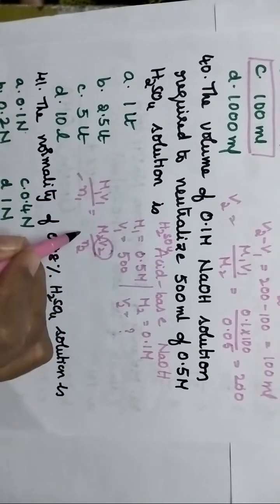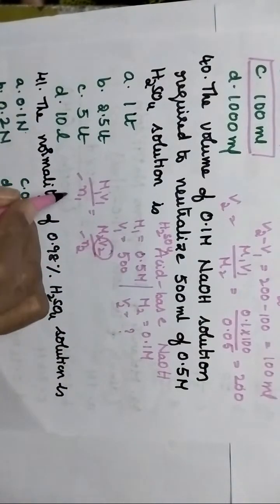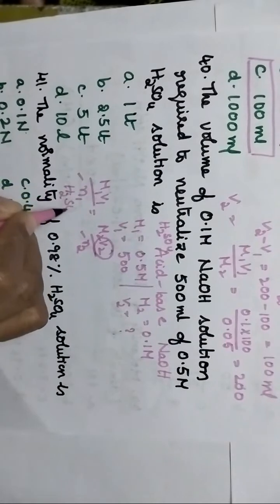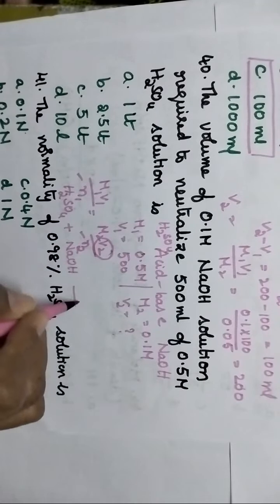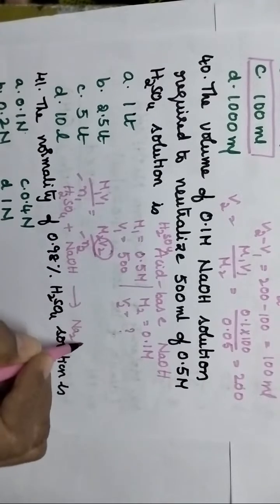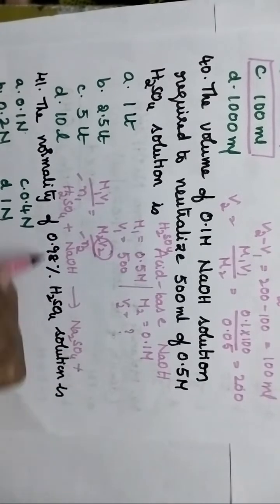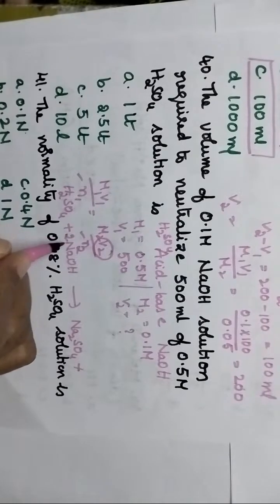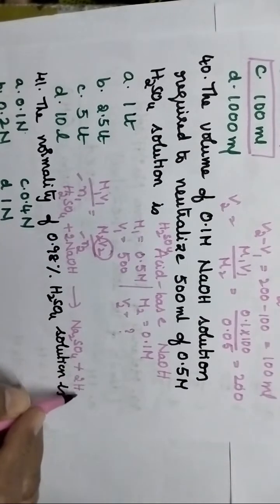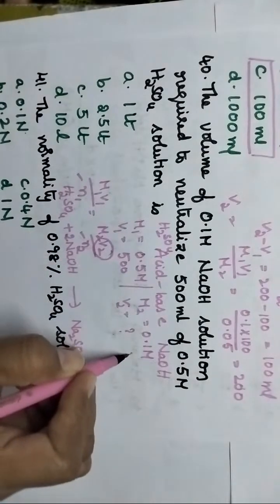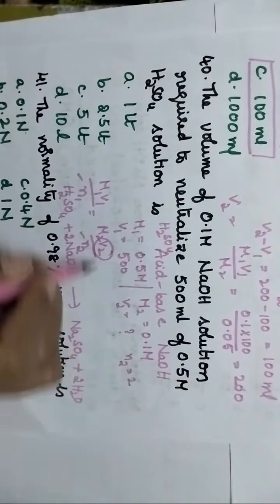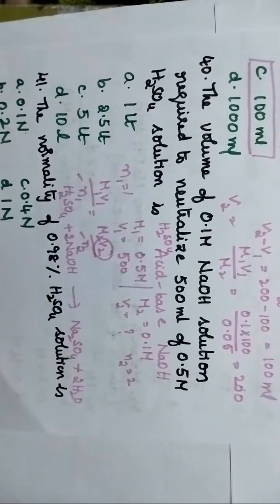And we are supposed to calculate V2. For knowing N1 and N2, we have to write the principle H2SO4 plus NaOH gives rise to Na2SO4 plus 2H2O. So the number of moles of base N2 equal to 2, N1 equal to 1.